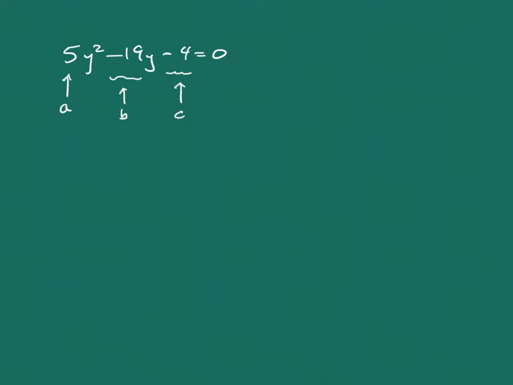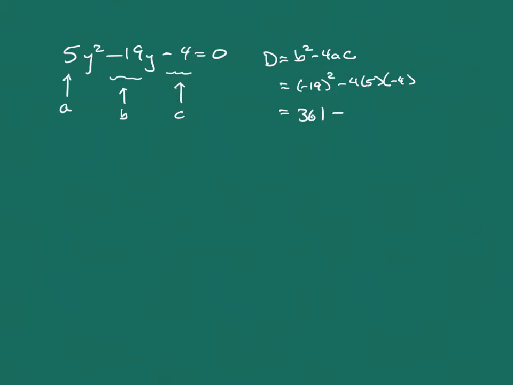So with that, we're then going to compute the discriminant. So we've got b squared minus 4ac. And so for that one, we've got negative 19 squared minus 4 times a, which is 5, and c, which is minus 4. So 19 squared gives us 361 minus 20.